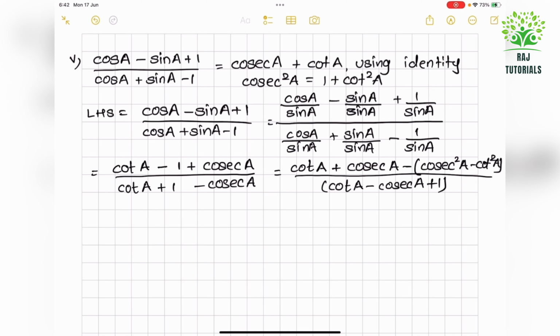I have just rearranged the denominator. This I have done using the identity.